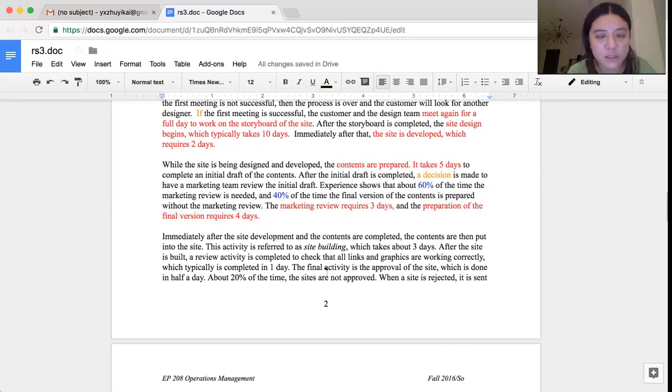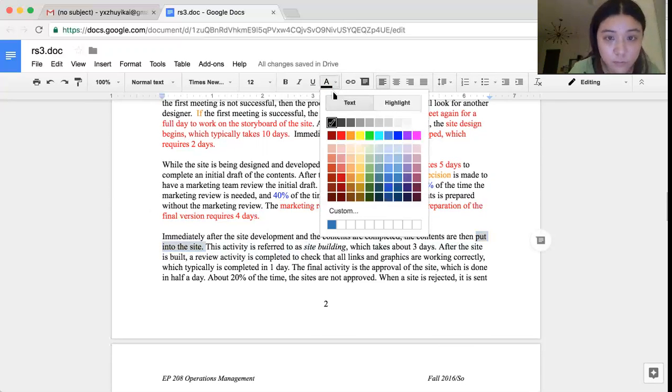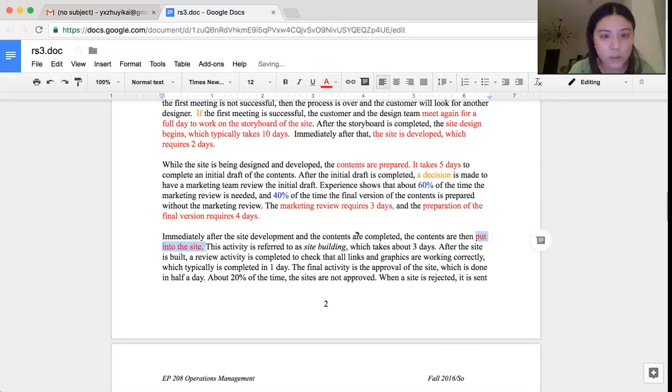Immediately after the site development and the contents are completed, the contents are then put into the site. This activity is referred to as site building, which takes about 3 days.